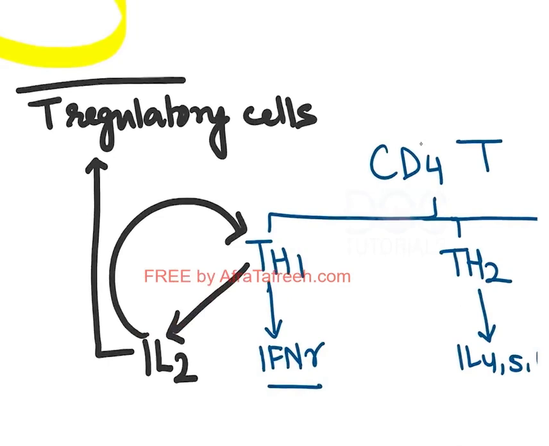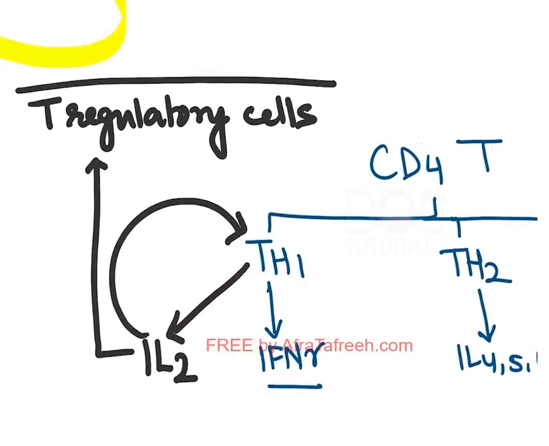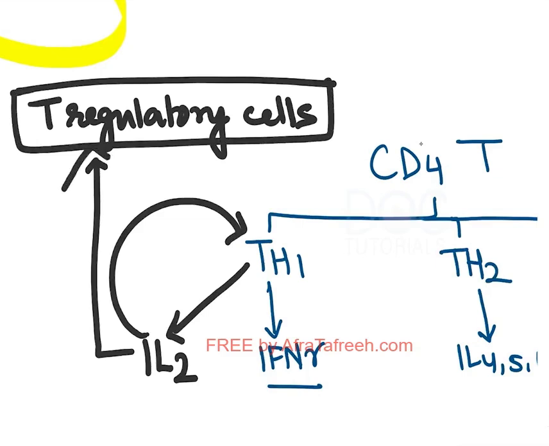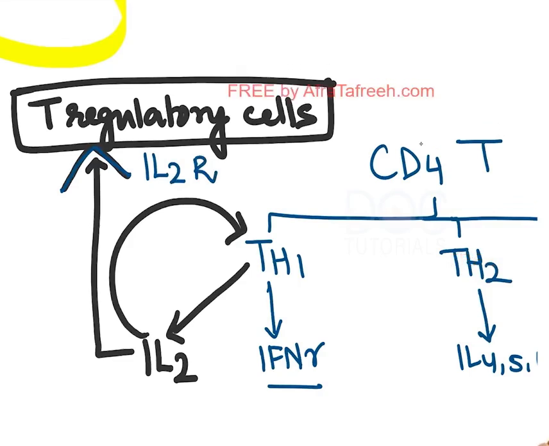If you look at them, these regulatory T cells have a special receptor on them, the interleukin 2 receptor. Therefore, interleukin 2 can come and activate T regulatory cells.